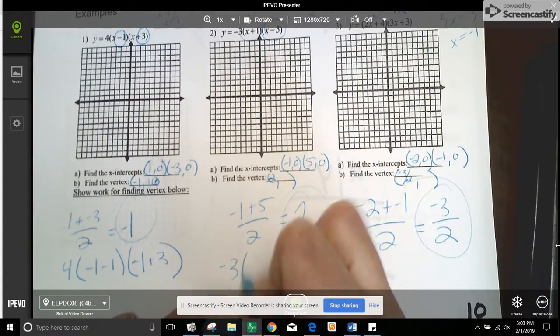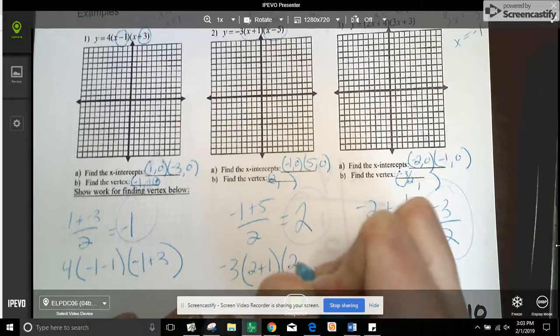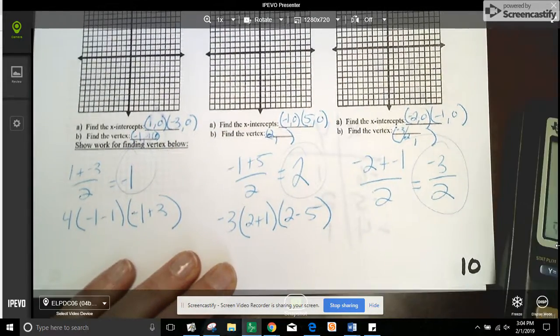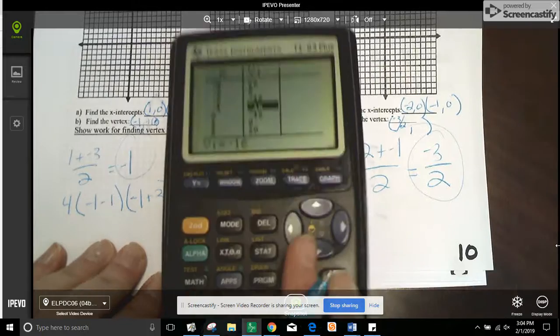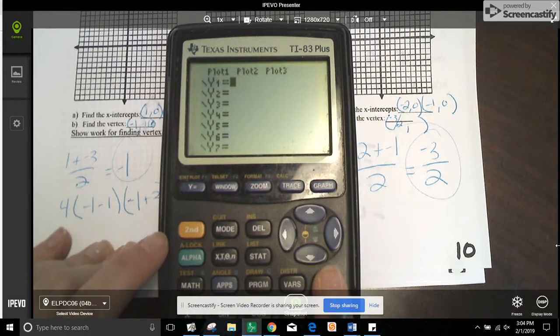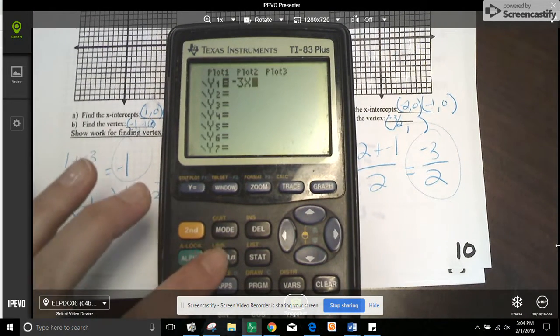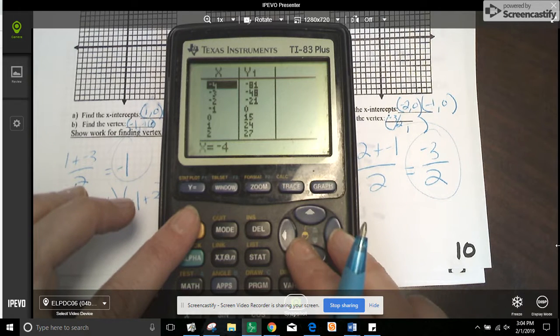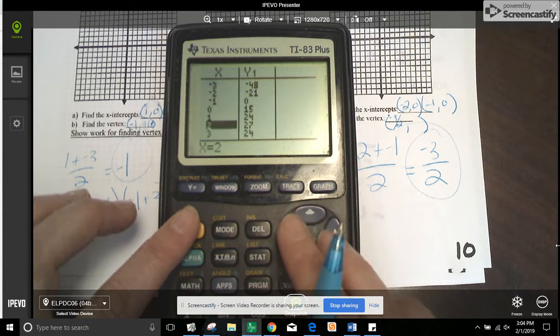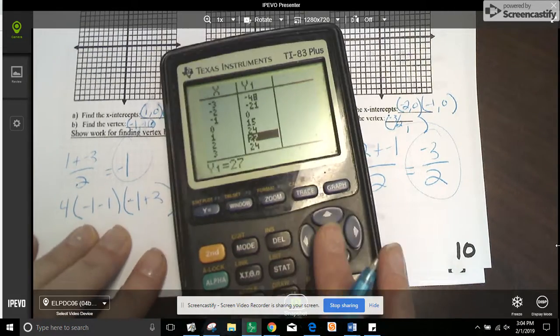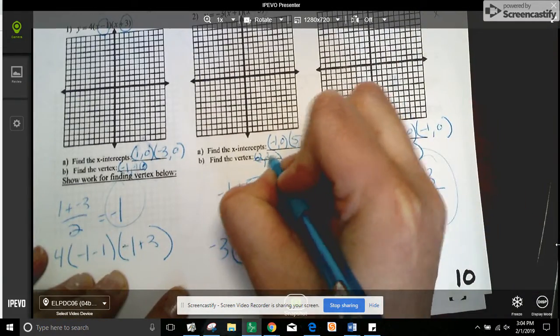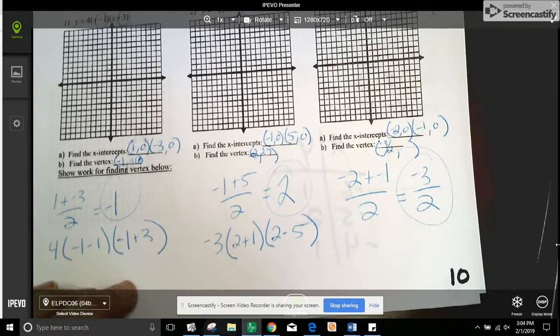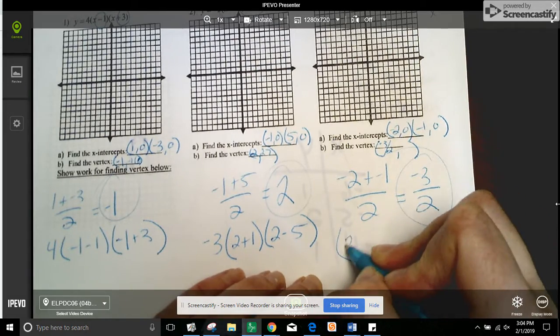So same for the second one. I can either take 2 and plug it in and figure out what it equals, or if I use my calculator, I would take the original problem, type it in, go to my table. X is 2. So then my y would be 27. It seems high, like none of these are going to fit on the graph. That's all right. And then the last one, just take it and plug it in.